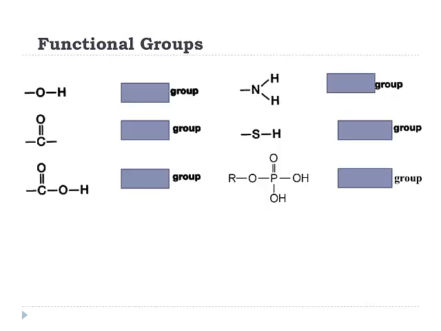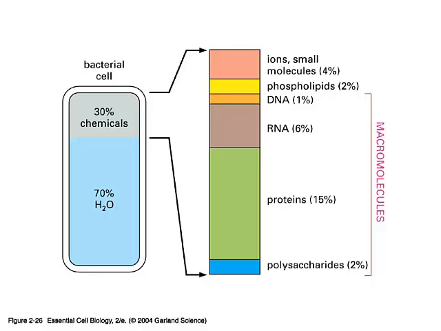The sulfur hydrogen group? Sulfhydryl, yes. And phosphorus with oxygens, the phosphate group. Yeah. So these are all groups that you'll find in the side chains of amino acids. You'll find these groups in biological molecules. So it's important to memorize these groups and be able to recognize them.